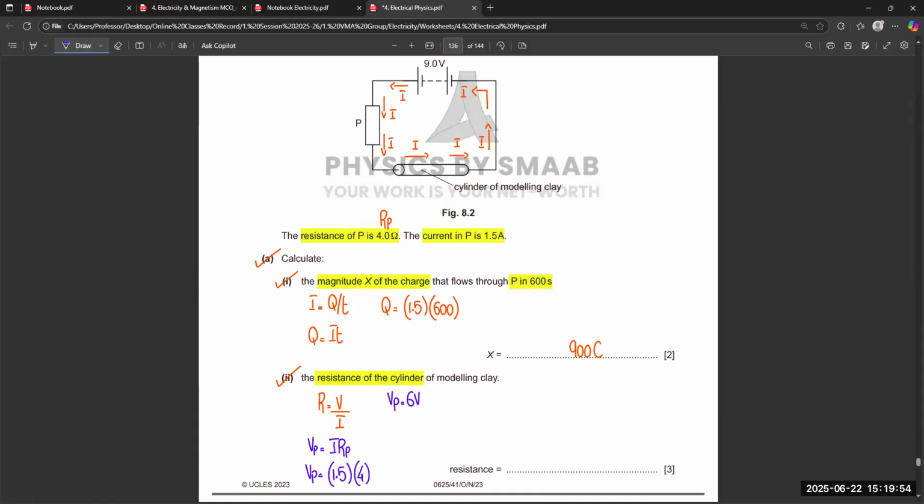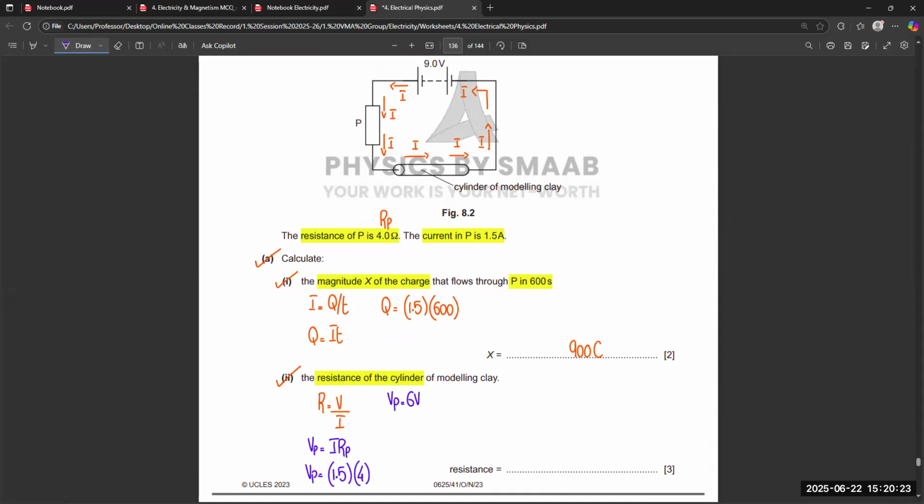So how much volt will be consumed by the modeling clay? 3 volts, right? There are total 9 volts of the battery, and out of 9 volts, 6 volts are consumed by the resistor P, and the rest of the 3 volt is consumed by the modeling clay. Because in series combination, voltage divides.